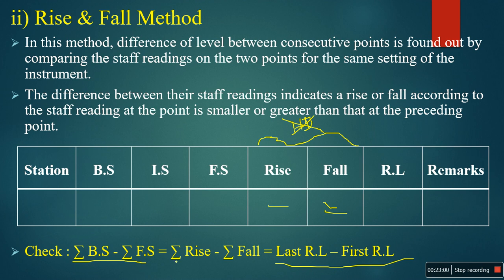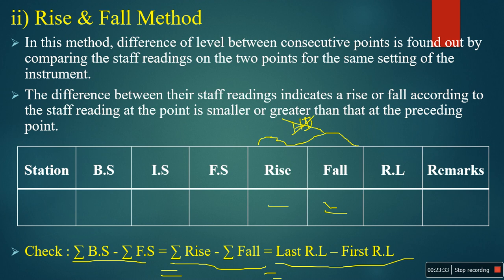The only addition is that it also equals the difference of the summation of rise and the summation of fall. If all these values are equal, the calculation is correct. If not, you have to do the calculation of rise, fall and RL again. This is about the rise and fall method.